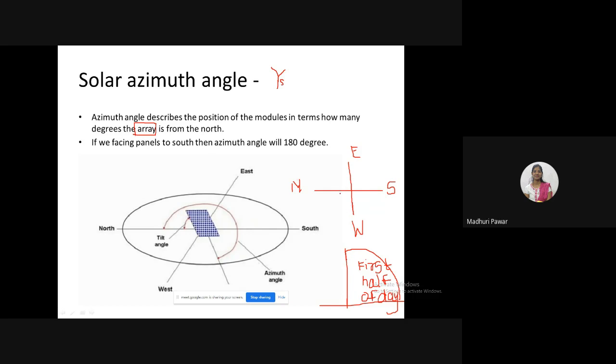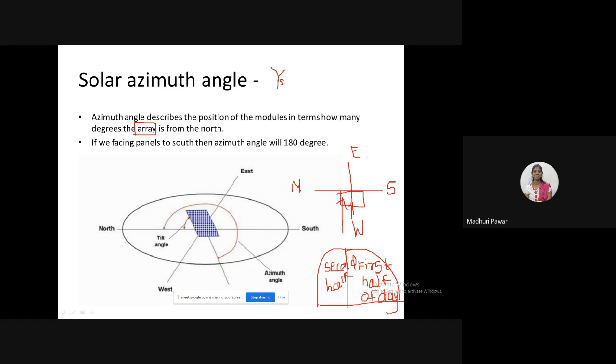If we keep the solar panel surface towards the west side, where the sunset happens, then during the second half of the day, sun rays will fall on these panels.